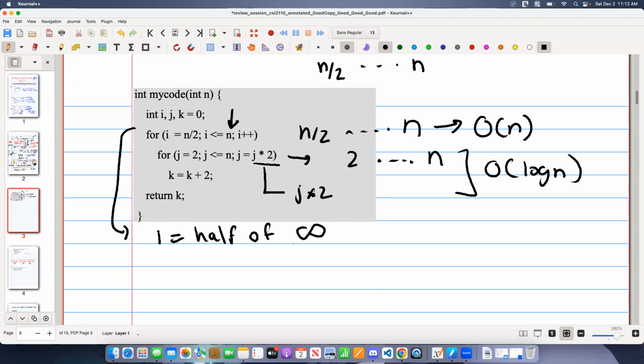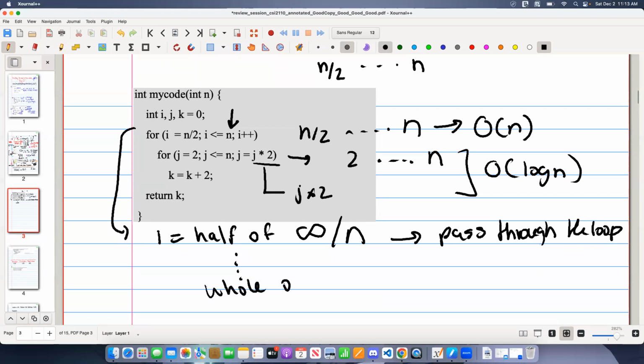Since i is half of n, you know it will pass through the loop at least a couple times, and then you're going all the way to the whole of infinity. So it would still take infinite times.